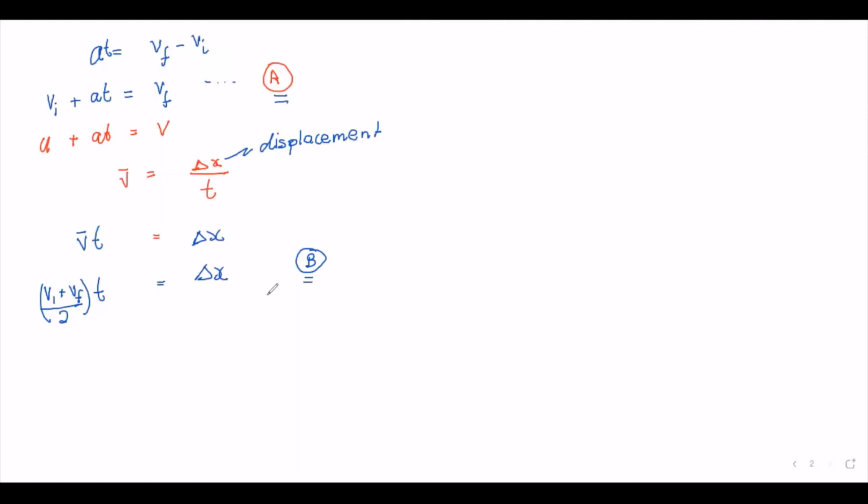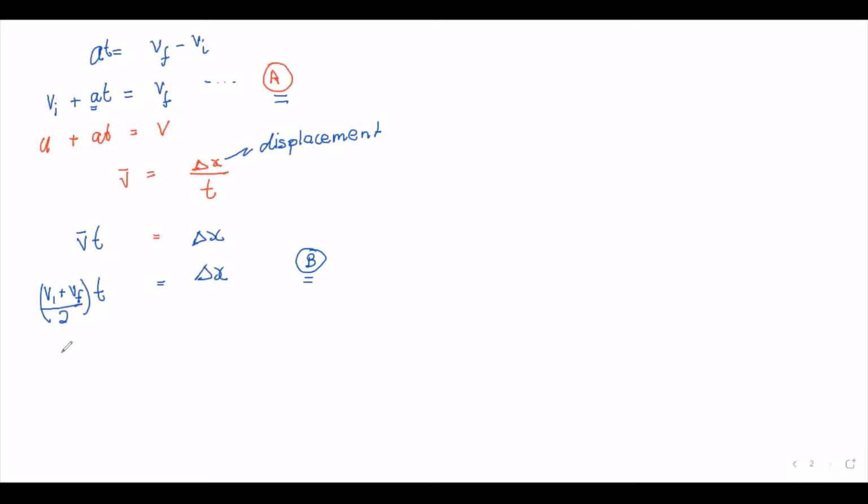Now, you have to be careful that on equation A, the final velocity of an object is the sum of the velocity due to acceleration here and the initial velocity.